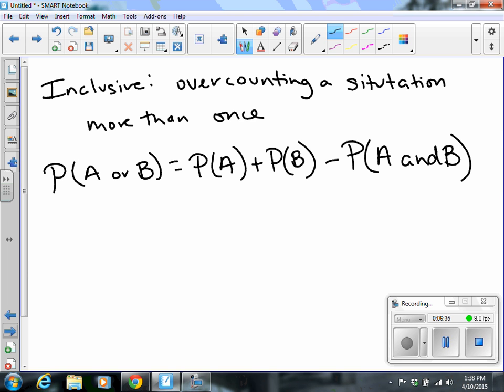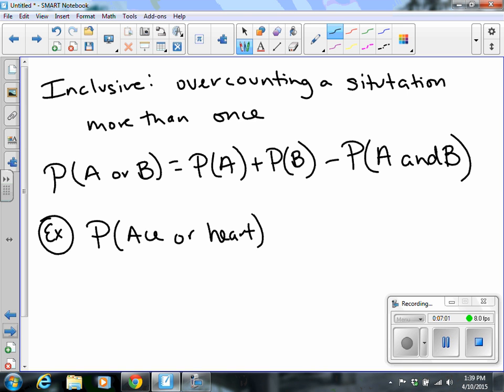All right, so this looks goofy. You're not sure what this means. Let's go back to our cards. Let's say, for instance, that I want to look at the probability of drawing an ace or a heart. Okay, so here's what I mean by I know that this is inclusive.